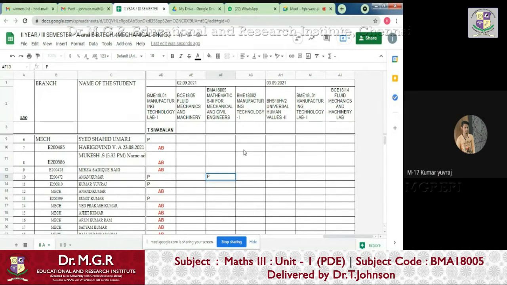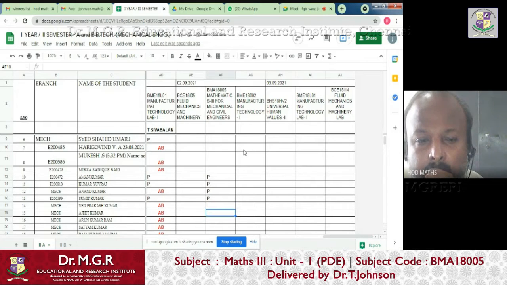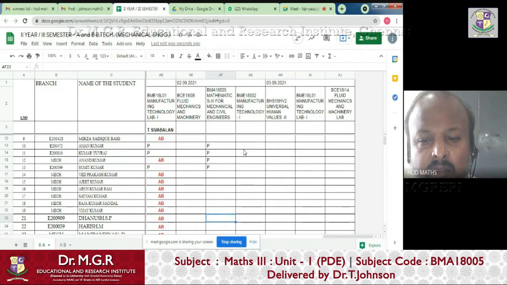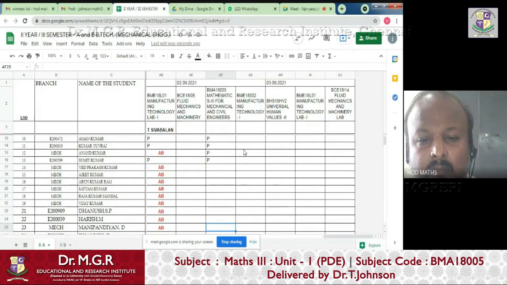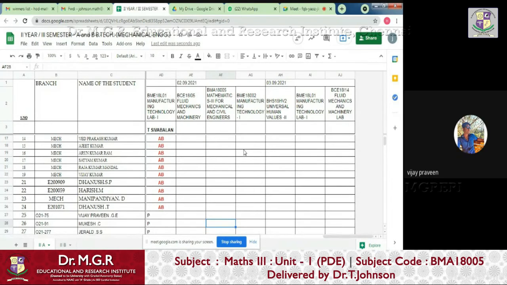Kumar Yuvaraj, present, sir. Anand Kumar, present, sir. Smith Kumar, present, sir. Ved Prakash Kumar, Ajit Kumar, Arun Kumar Ram, Satyam Kumar, Raj Kumar Mandal, Vijay Kumar, Dhanush, Harish, Manipandian, Dhanush T, Vijay Praveen, Mukesh C.